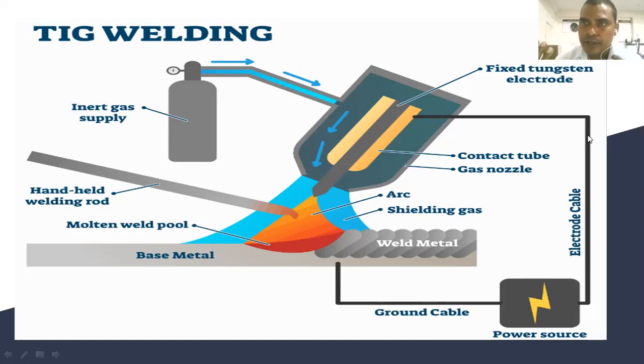My dear student, listen carefully. Argon is normally preferred over helium because it requires a lower arc voltage, gives easier arc starting, and provides a smooth arc action.